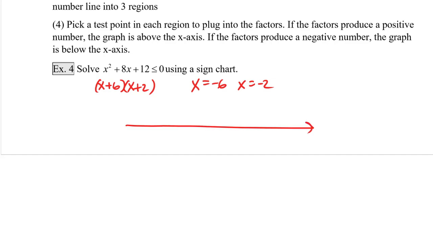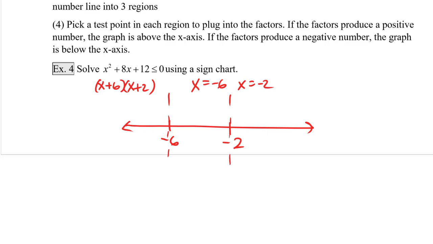We'll draw our number line. We'll put -6 here, -2 there. And then what we do is we pick test points in the region. Oh, sorry, we're going to divide this up into regions.